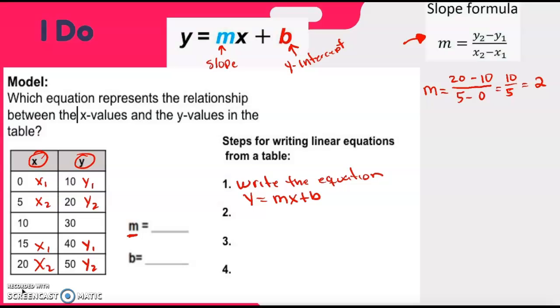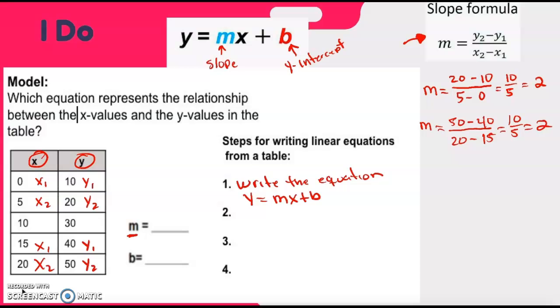Okay, so let's try this one down here on the bottom, and see if we still get the same answer. m will equal y2, which is 50, minus y1, which is 40, over x2, which is 20, minus x1, which is 15, and that still comes out to 10 over 5, which is still 2.